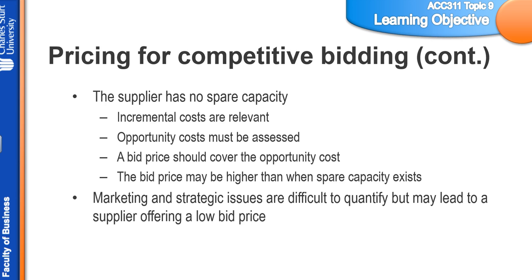Marketing and strategic issues are difficult to quantify, but they may lead to a supplier offering a lower bid price. So it may be important to get this particular market in order to grow a market in this area in future. So if you're tendering for a job, you may tender at a lower price to get the market now, but on the basis of doing this, you expect to get more work from this organisation.